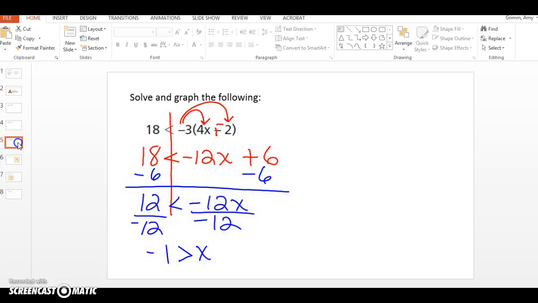And also x is on the right side, which we don't usually like. We like it on the left side better. So you can flip it around if you want. You don't have to. But if you have to pick the answer, make sure that the mouth is opening towards the -1. So I would make it look like that. I would need at least 3 numbers on my number line. And by the way, remember, negatives have to go backwards.